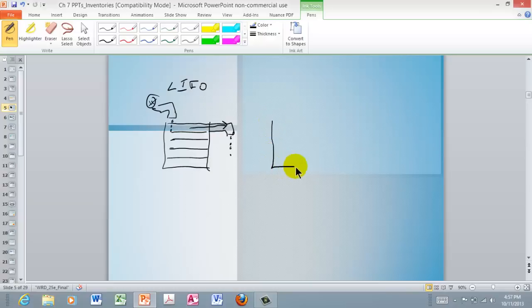Now, since I've already given you LIFO, you're probably going to be able to guess that when I draw FIFO, that spigot is going to be down here on the bottom, right? So I'll have this oldest inventory coming out, and what will happen is my inventory balance will be based on these upper layers.